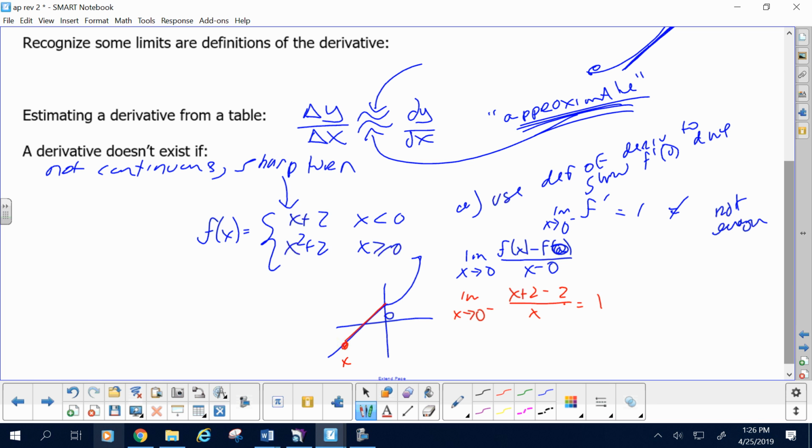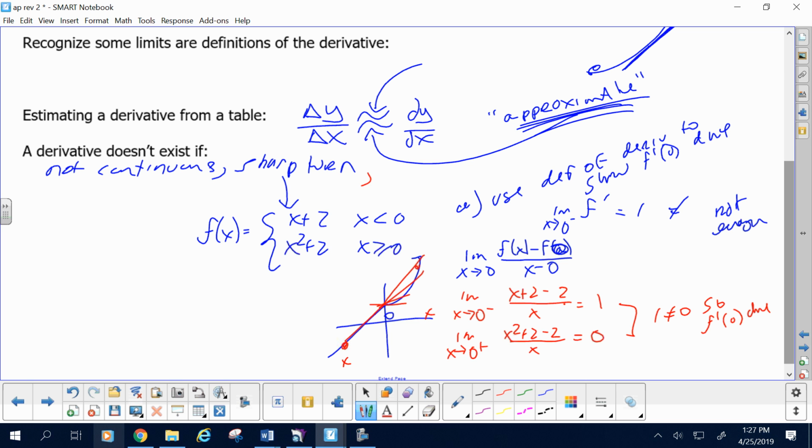The derivative on the left is 1, which we knew because it's linear, right? If I looked at what the slopes approach from the right, it would look more like x squared plus 2 minus 2 over x. The 2s drop out, one x drops away, but then at 0, that goes to 0. You would then say 1 is not equal to 0. That's why a sharp turn is a no. It's because the one-sided limits, the slopes, don't approach the same thing. That's what you would have to do. That's worst case scenario, and it's pretty rare. You don't usually have to prove that.